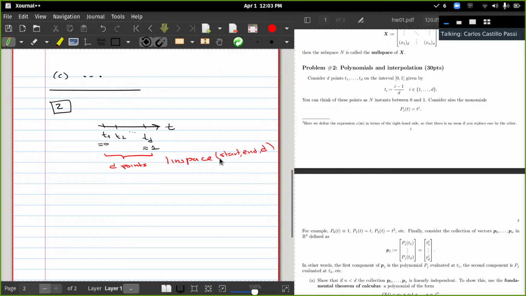So you can use linspace to do this, or you can use range, or however you want. Then you define p sub j of t as a polynomial, t raised to the power of j. And that's basically our vector in this case.